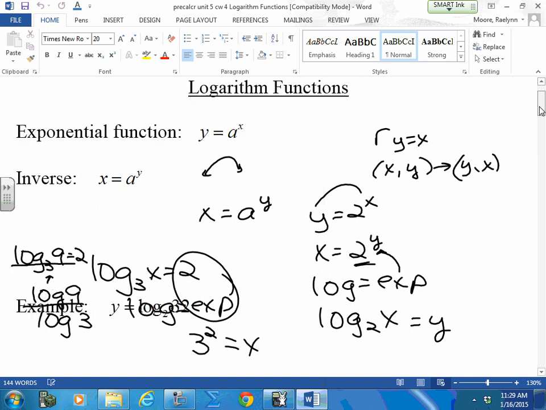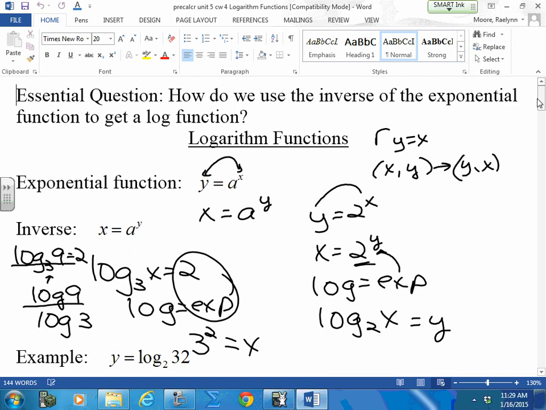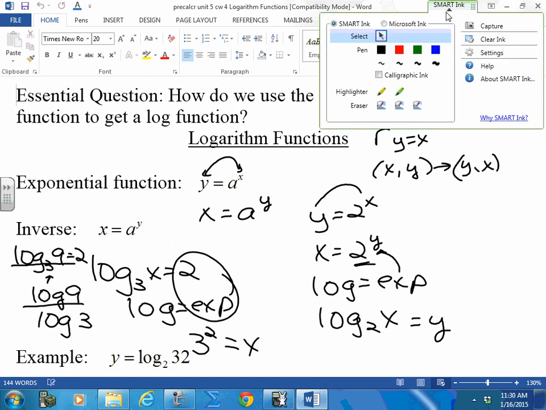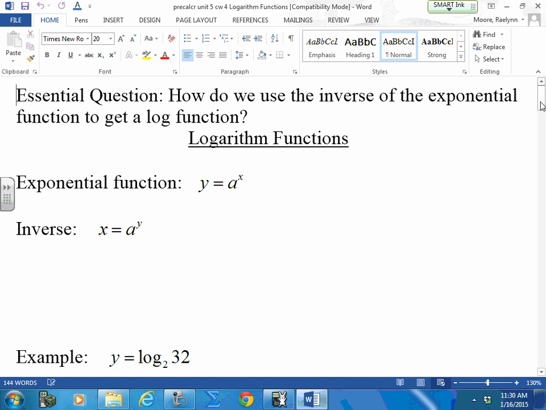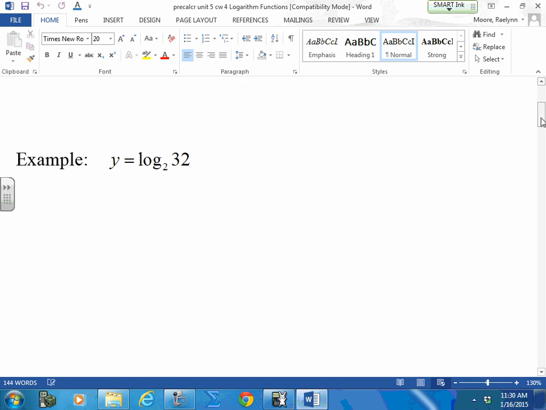So if you want to change back and forth through this, a good way to do it is log equals exponent. This one we can solve either way. We can change the base. The one on top stays on top. The one on the bottom stays on the bottom. You can put that in your calculator. Or log equals exponent.